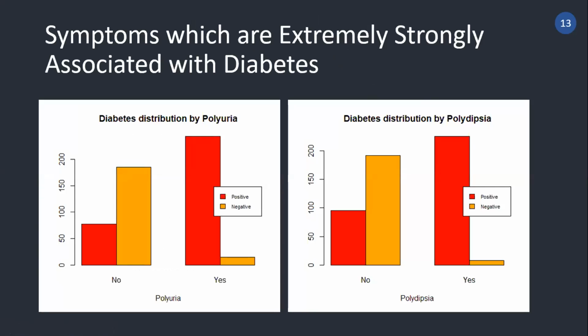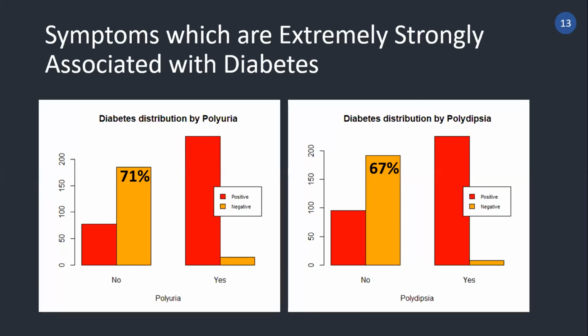Now we look at the symptoms which are extremely strongly associated with diabetes. We can see that 94% of those with polyuria have diabetes, and 97% of those with polydipsia have diabetes. So we can conclude that those with either of these two symptoms have diabetes, which is a strong indication of whether one has diabetes or not.